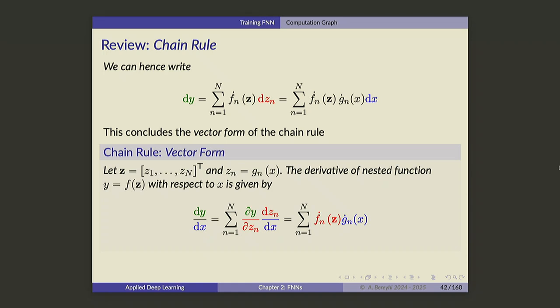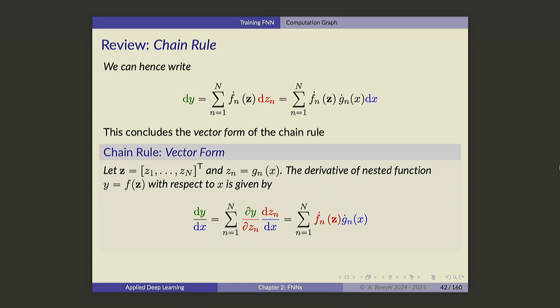So I'm going to say that y is going to change with respect to the first argument, multiplied with the change of the first argument with respect to the target variable, right? Plus dy with respect to z2 times dz2 with respect to dx, and you go on, right? Whatever variable you have, you should take that derivative into account, right? And this is the vectorized form of the chain rule.